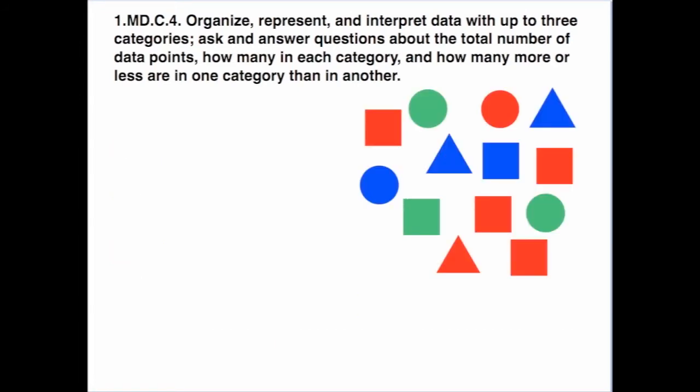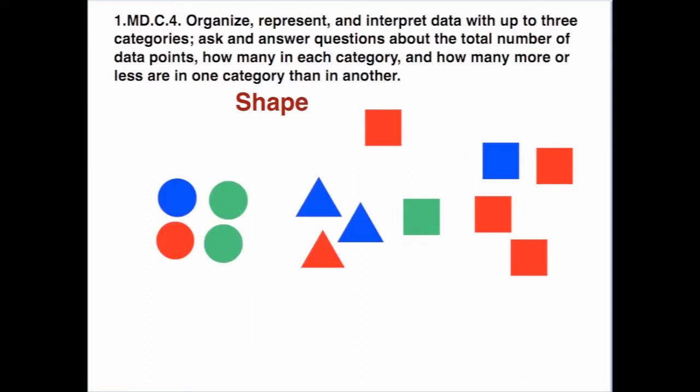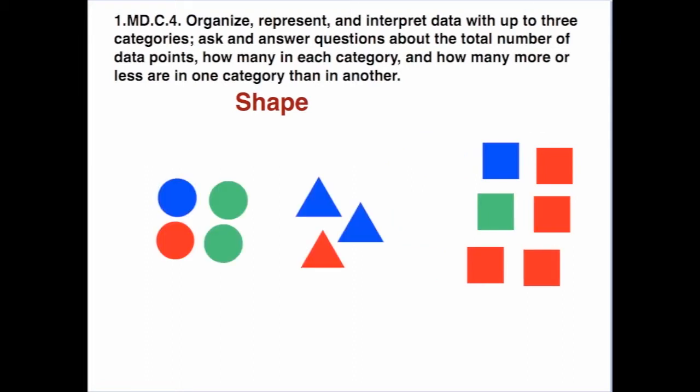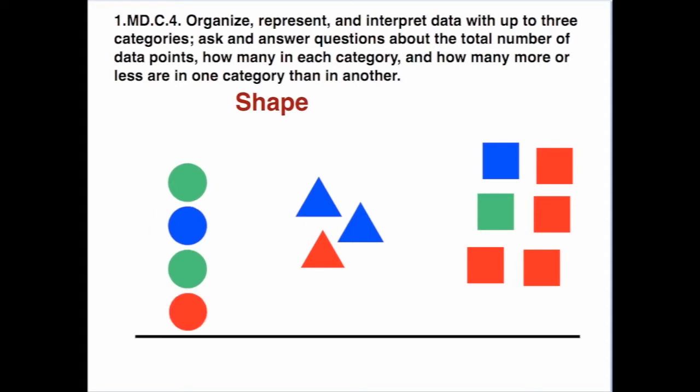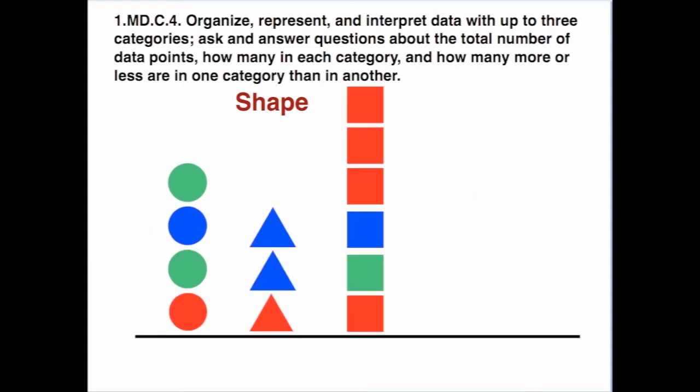Let's take another example. Let's say we are going to organize these by shape. So there's our circles, our triangles, and our squares. Now we can leave them like this, but as we just discussed, it might be better to go ahead and rearrange these and put them vertically, but do them in such a way where they also align horizontally.